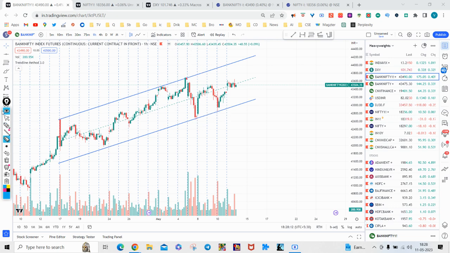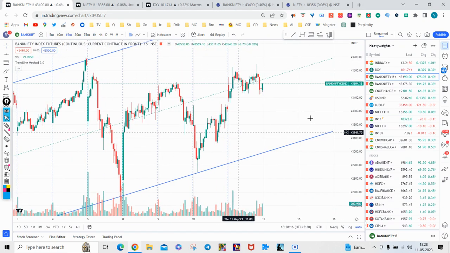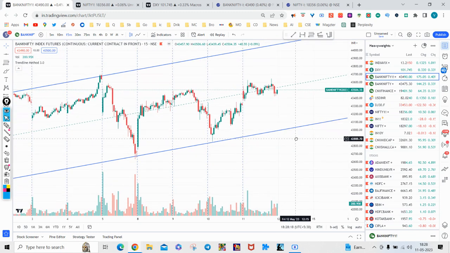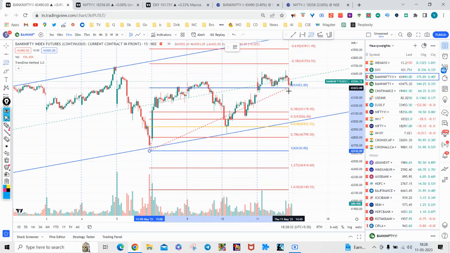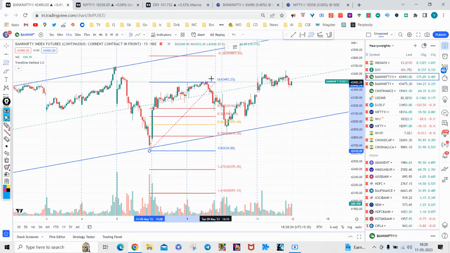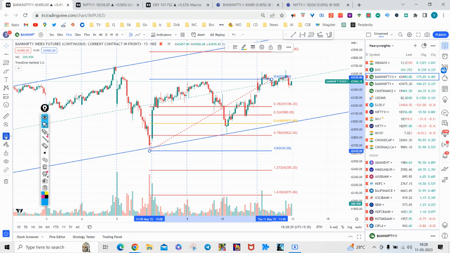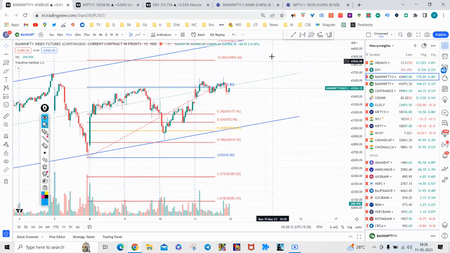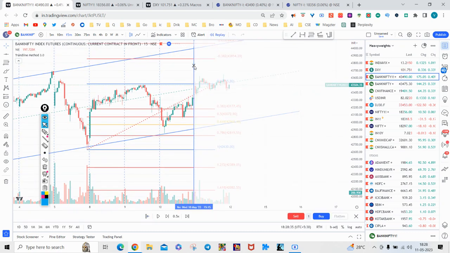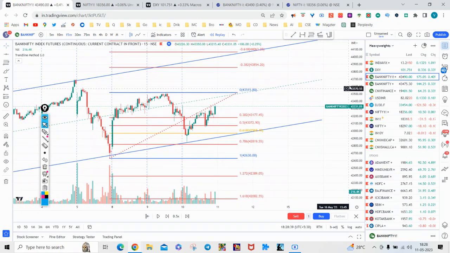And coming to the intraday 15-minute time frame, what we discussed yesterday: I discussed that the price, for this low to this high, this is the swing high and swing low. Just a minute, I think the magnet is on.